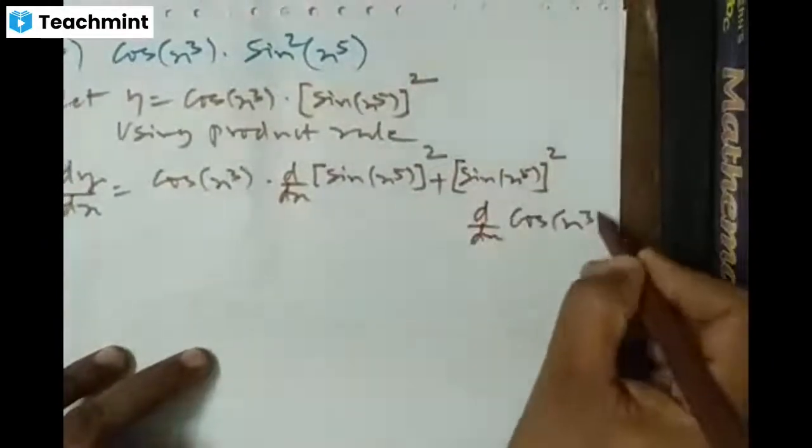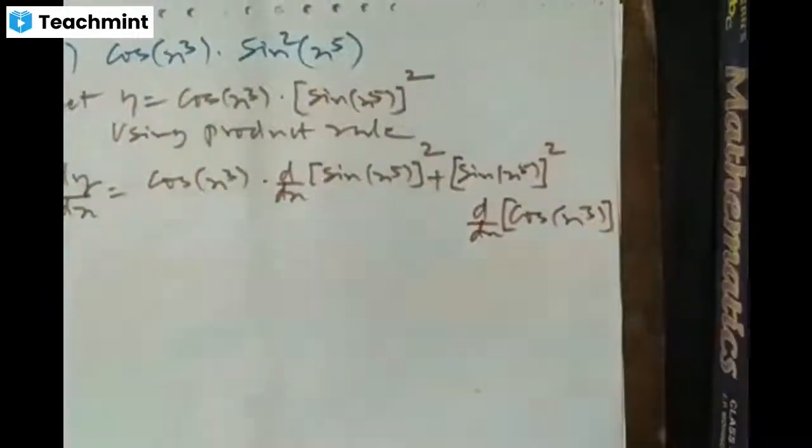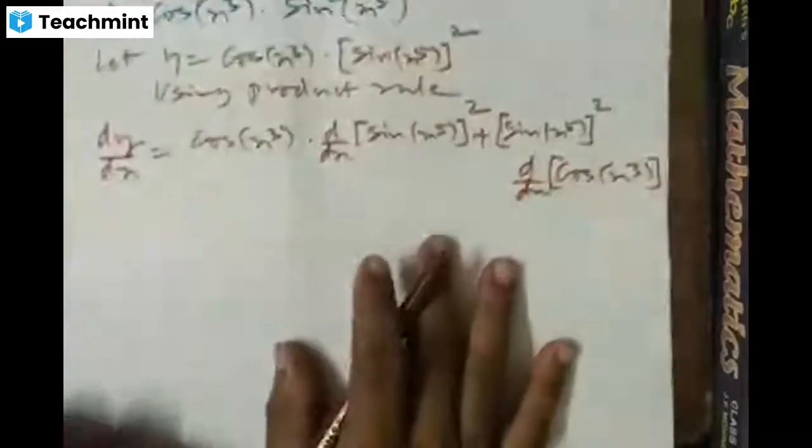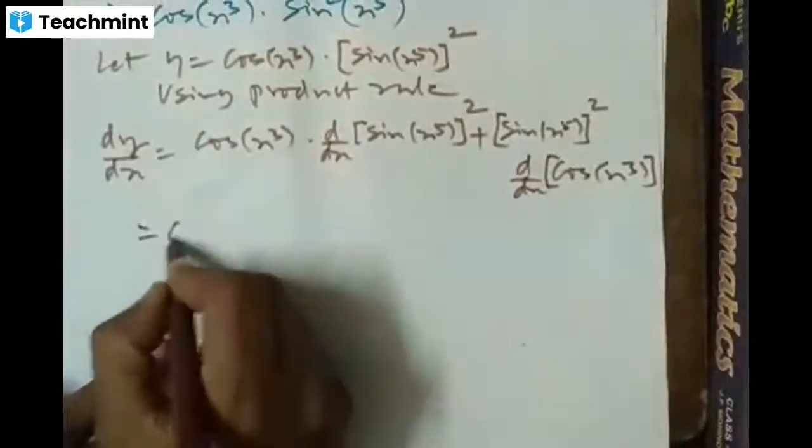I'm using product rule here to find dy by dx. So which is equal to cos of x cube.